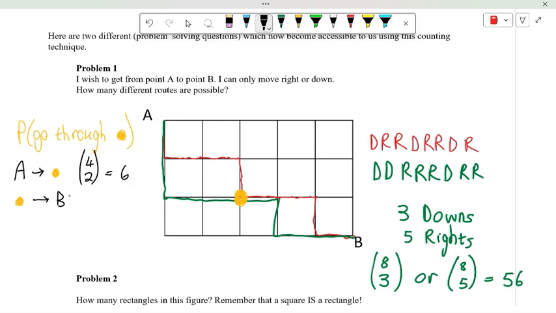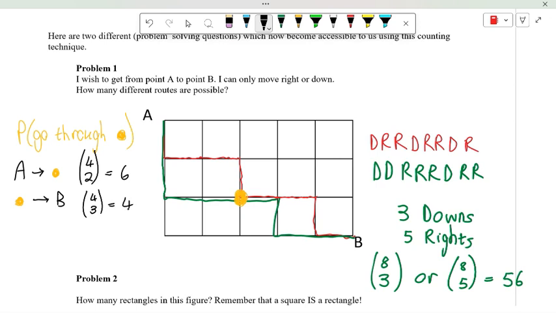Then from the orange dot to B, I've again got 4 moves, but this time I want to choose 1 from 4, because I need to go down once and right 3 times, or choose 3 out of the 4 positions to go right in. This happens to be 4.